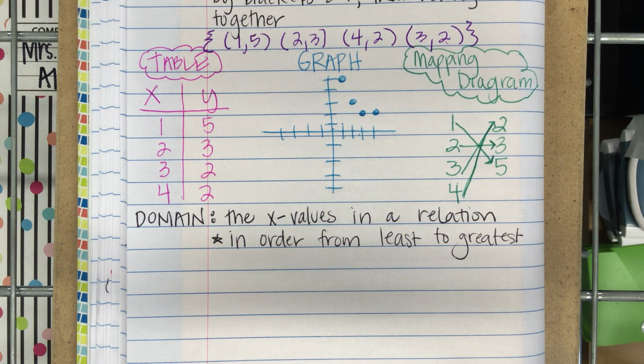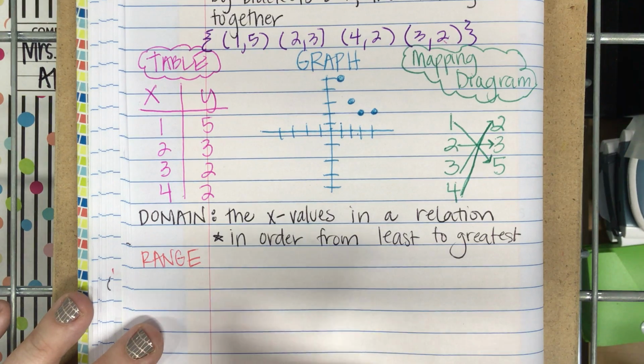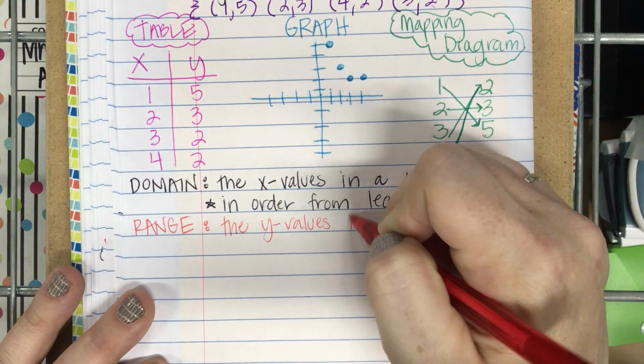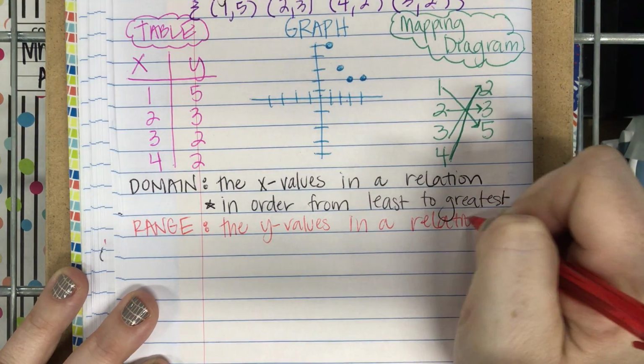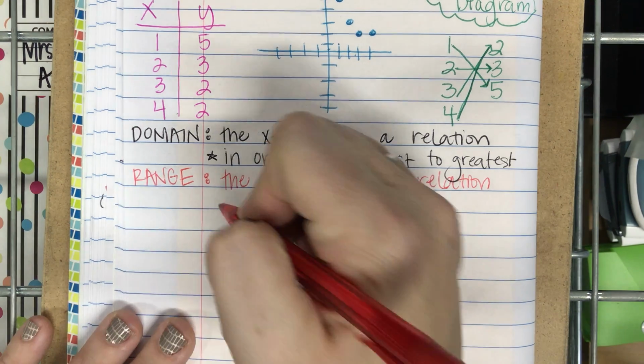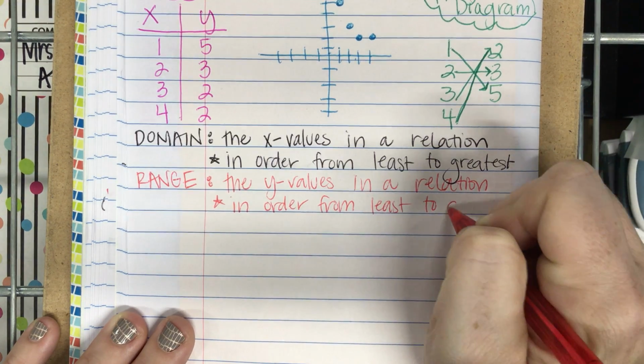If I said, what's the range of a relation, it's the y values in a relation. Again, in order from least to greatest.